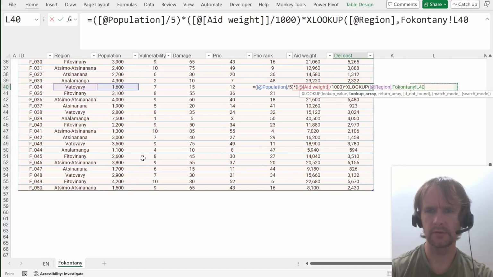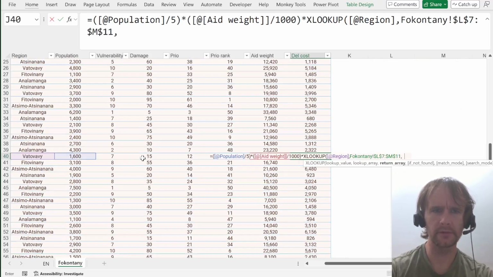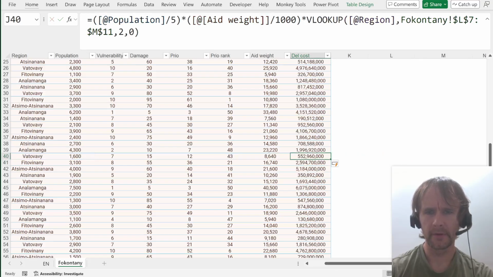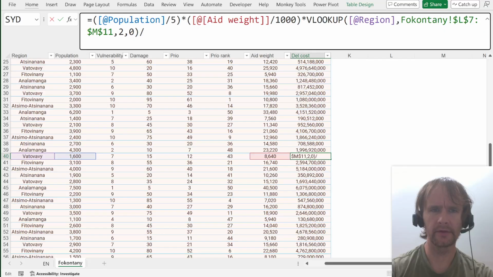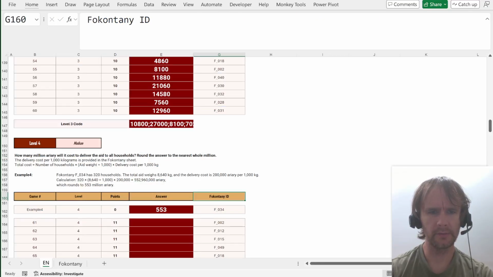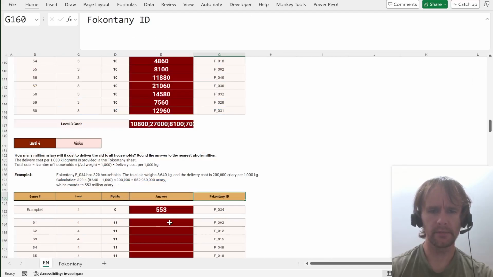This in, already said I should have done a VLOOKUP. This time I will. Okay, that's better. And then divided by 10 to the power of 6. 553, okay. Do we need to round? Yes. I'll round when I bring it in here.